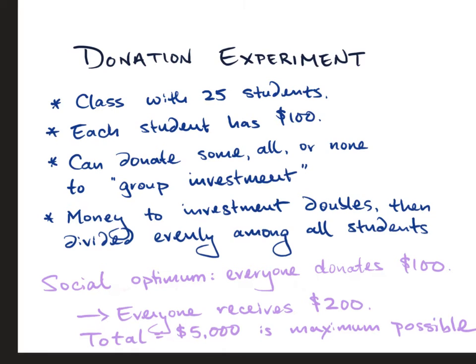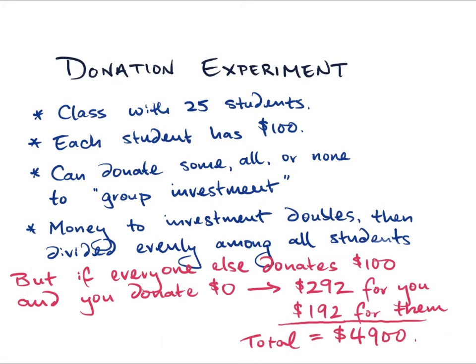Then all the money doubles, every penny that everyone owns doubles and gets shared out evenly, giving each person $200. The total amount for everyone in the group is $5,000, and that's the most that the total group can possibly have. However, if you are one of the people in this group, you have to think about what's in your best interest.